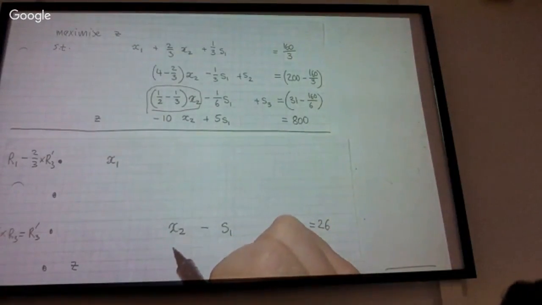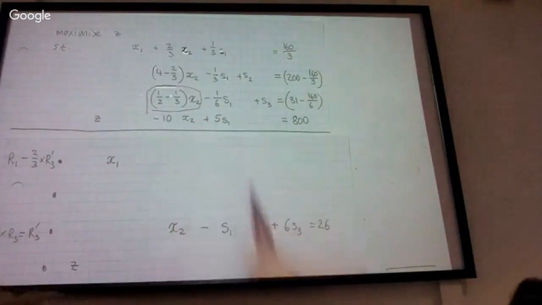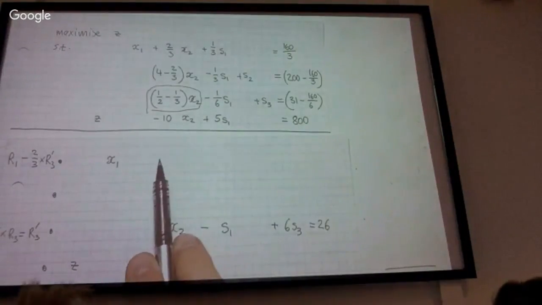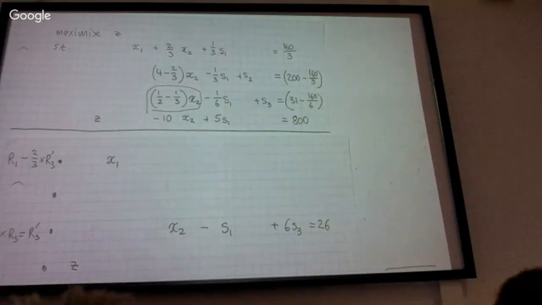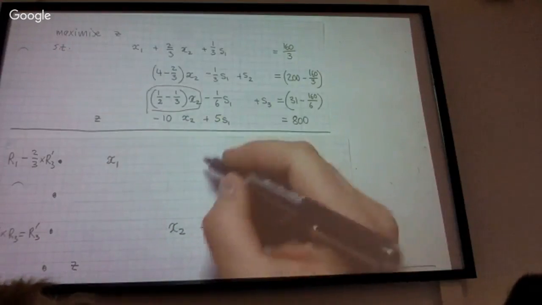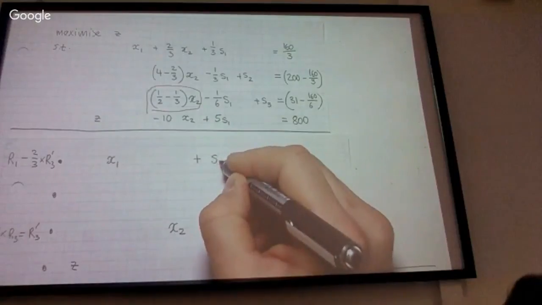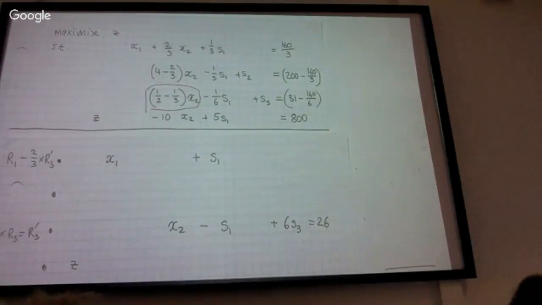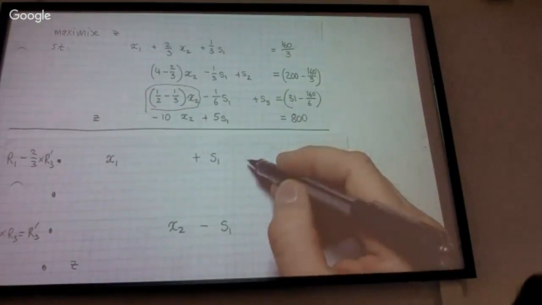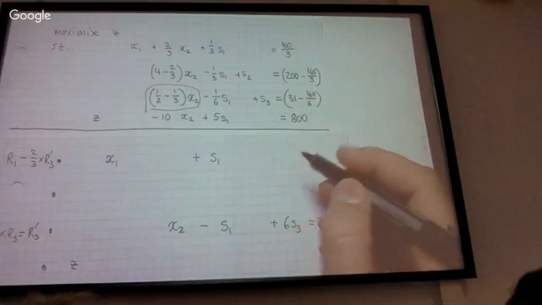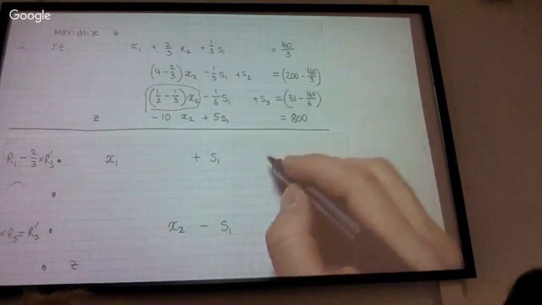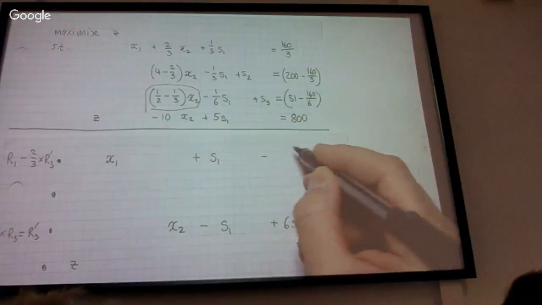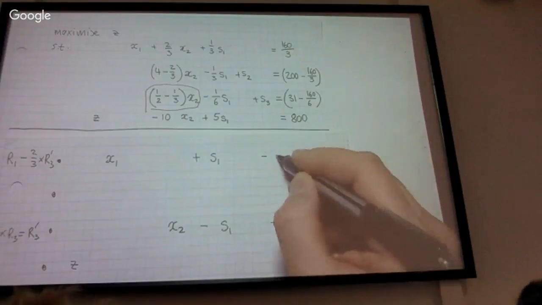Okay, I'm taking away 2/3 of x2, and I had 2/3 of x2, so I get the 0 that I want. Here I get plus s1, because I've had 1/3. I'm adding 2/3 of s1. I get no s2, and I get minus 4 s3.